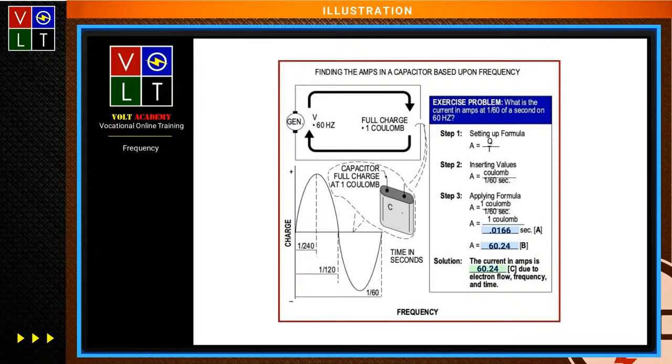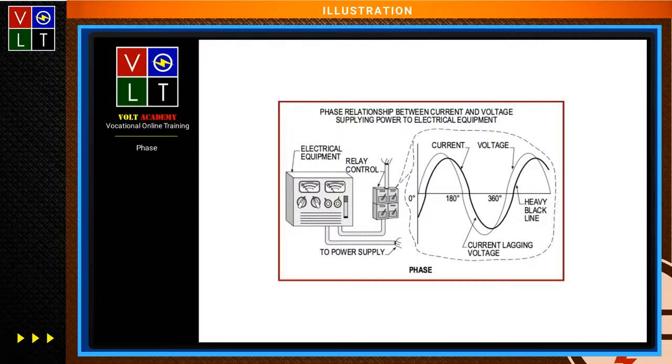So you take that one column and divide the 60 seconds into it, and that gives you 0.0166 seconds. Divide that into it, and that gives you a current in amps due to that electron flow, frequency and time, of 60.24 amps. That's how we look at the frequency when we're dealing with alternating current circuits.